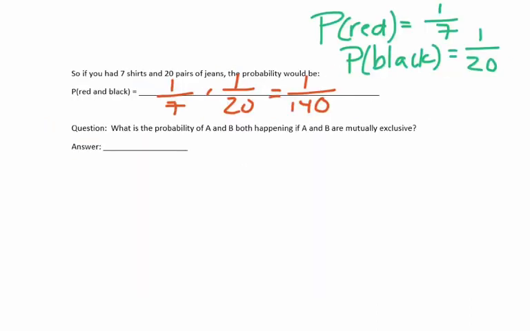So what is the probability of A and B both happening if A and B are mutually exclusive? Hopefully the answer that you're thinking of is 0. There is 0 chance that you will be in room 506 and also room 602. 0 chance that both of those could happen.